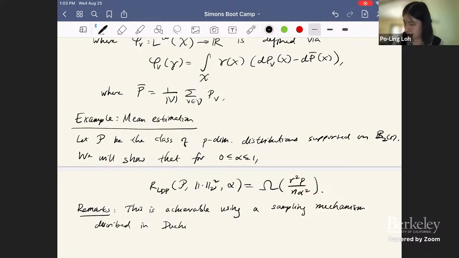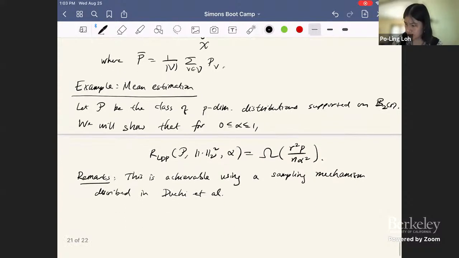So I'm not going to go through the details of it because it's a bit complicated even to state. I can't just say this is achievable using the sample mean, like you would expect from the previous lectures, because the sample mean, of course, is not going to be locally differential private. So what you have to do is construct a way of generating the Z_i's and then construct an estimator based on the Z_i's, and that itself is rather complicated. But this lower bound is in fact achievable.